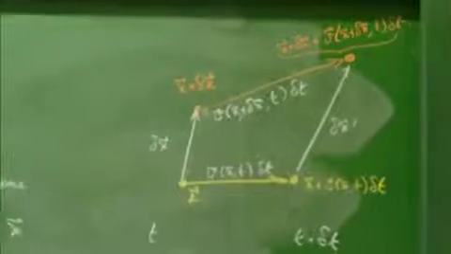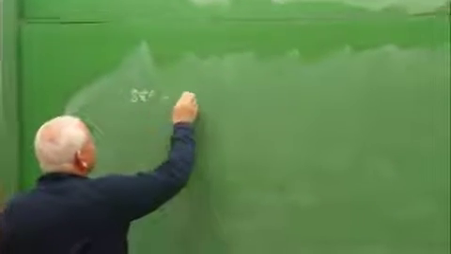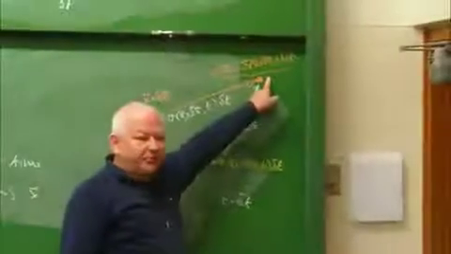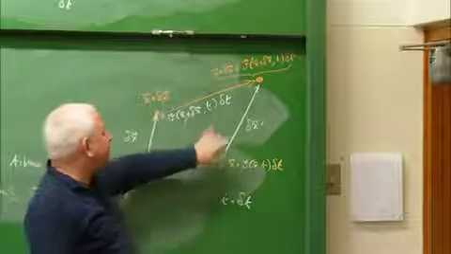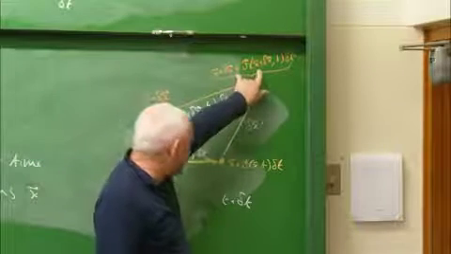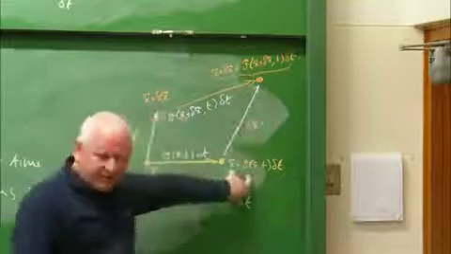And so I can now calculate the vector delta x dashed. So delta x dashed will be, well, how do I calculate the components of a vector? I take the coordinates of the final point, I subtract from it the coordinates of the initial point. And so it is that orange expression minus this yellow expression.